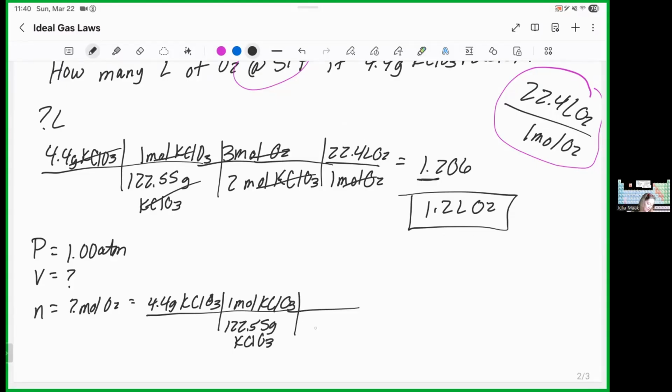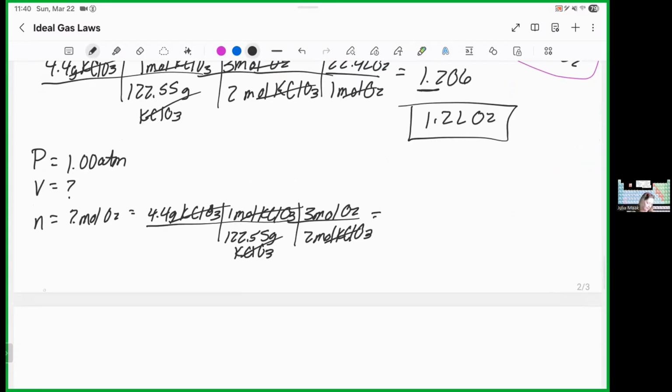I know my 3 moles of O2 to 2 moles of KClO3, and that'll get me my moles of O2. Then my temperature is standard temperature, which is 273.15 K. So let me get those moles calculated. And I get 0.05385. I've got 2 sig figs there, so 0.054 moles.